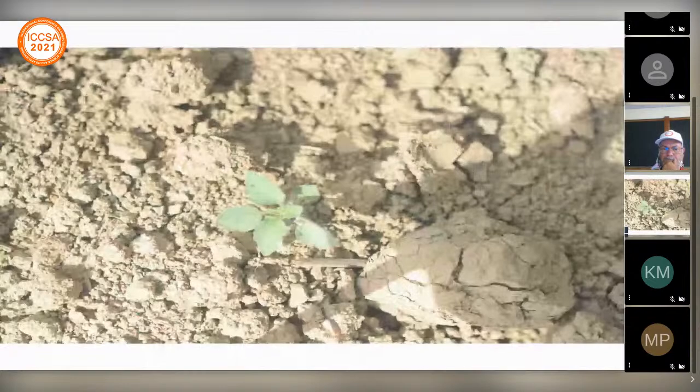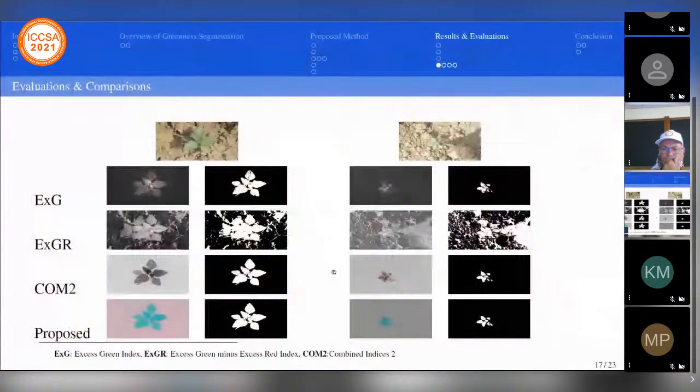As we know, excess green minus red fails to segment both images, but good performance is achieved by the excess green model and the COM2 model.